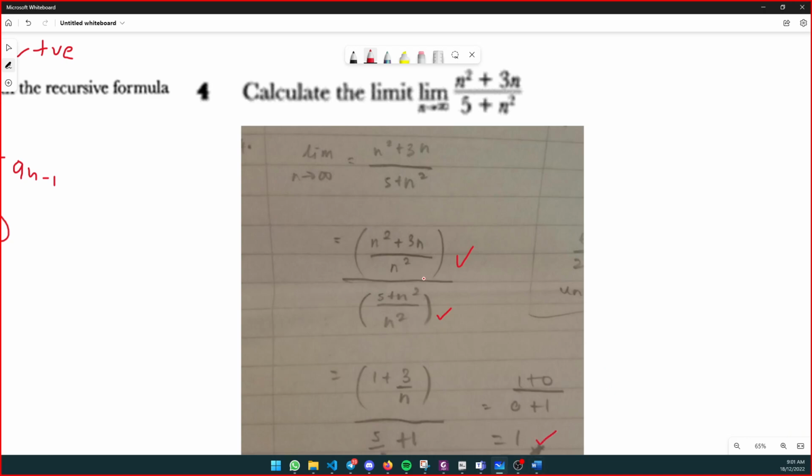You just have to get rid of the highest power. That's the trick. Okay, good job. Okay, have you done any other questions? Yes. Okay, then why not you send all of them now so we can go through those first?